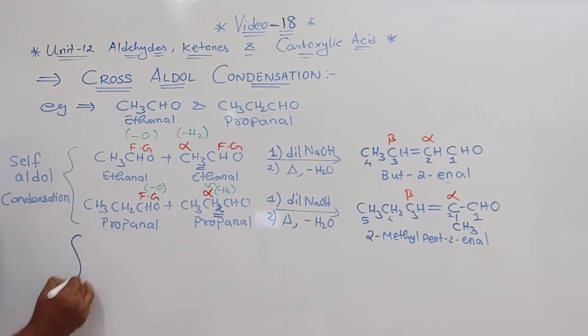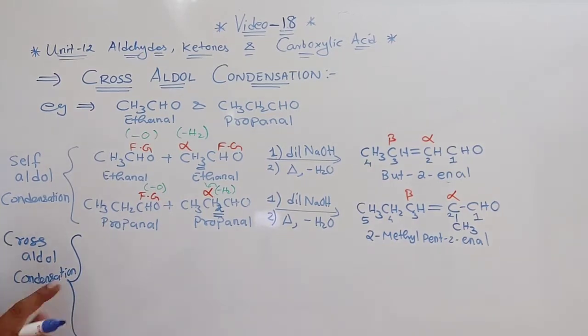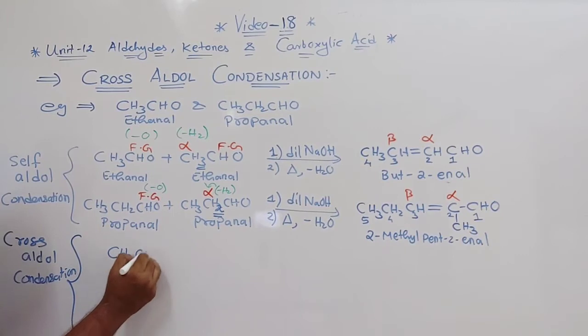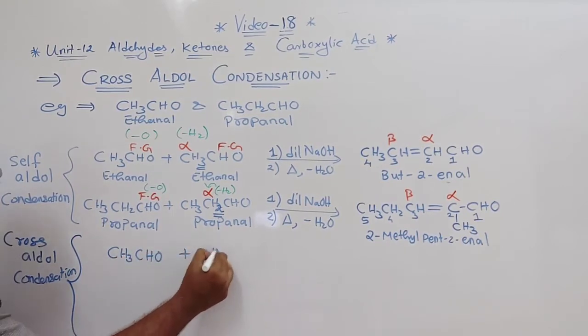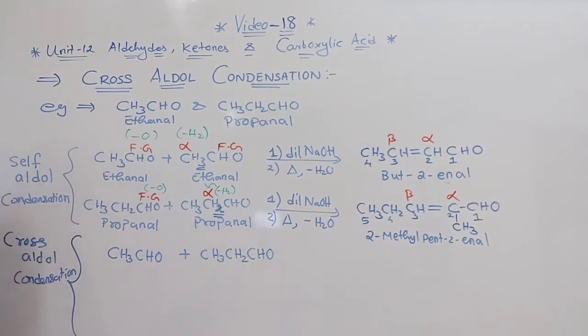Now next I am going to talk about cross-aldol condensation. When we say cross-aldol, in one case I will take one molecule of ethanal, CH3CHO, and another of propanal, CH3CH2CHO. Understood?